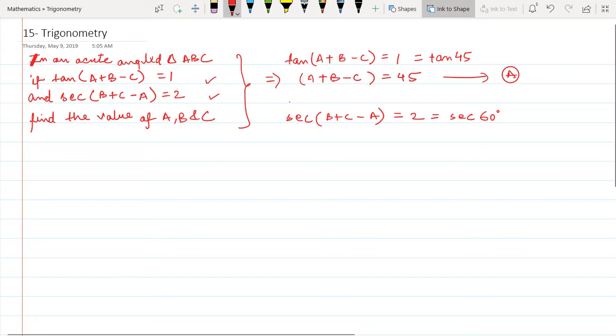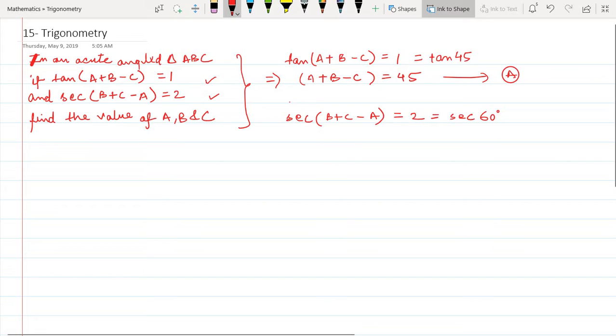Sine 60 is equal to root 3 by 2, which is equal to cos 30. Sine of 30 is equal to 1 by 2, which is equal to cos 60, and the reciprocal of cos 60 is sec 60. I'm just trying to give you a way to remember the trigonometric ratios of standard angles.